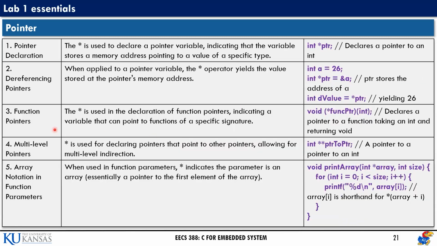Now, we can also have function pointers. That means if we have a function, for example, here our function is void, and the name of the function is function ptr.